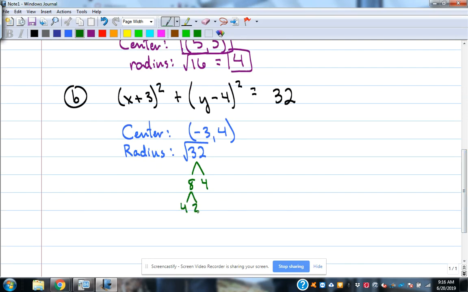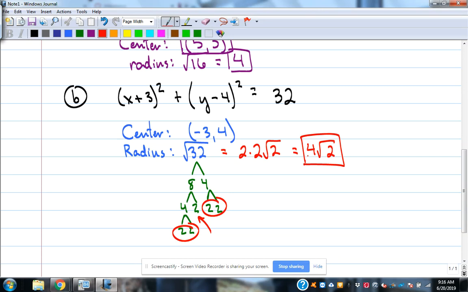And that's 4 times 2, 2 and 2, 2 and 2. So on this we have 2 pairs of 2s, and then a 2 left over. So that's going to be 2 times 2 radical 2, which is 4 radical 2, or 4 square root of 2, as the radius of that. So center at (-3, 4), and then a radius of 4 square root of 2.